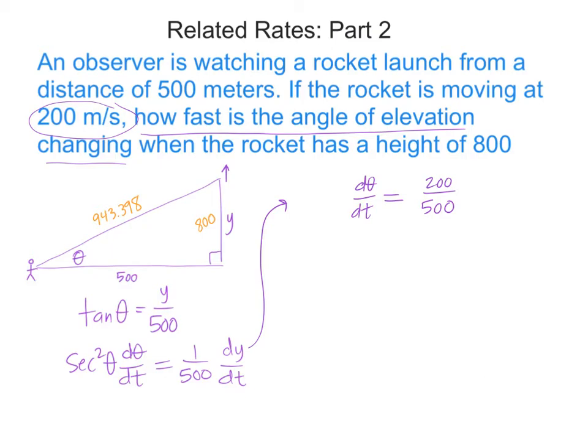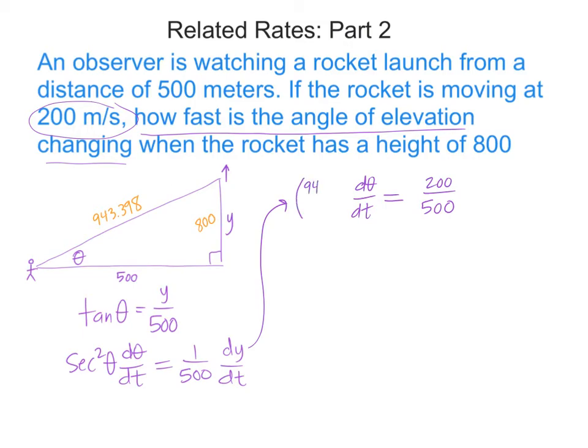Now, what is secant squared of theta? Secant is the inverse of cosine. Cosine is adjacent over hypotenuse. So 500 over this 943 number is, well, actually, let me just not do it that way. If cosine is adjacent over hypotenuse, then secant is hypotenuse over adjacent.